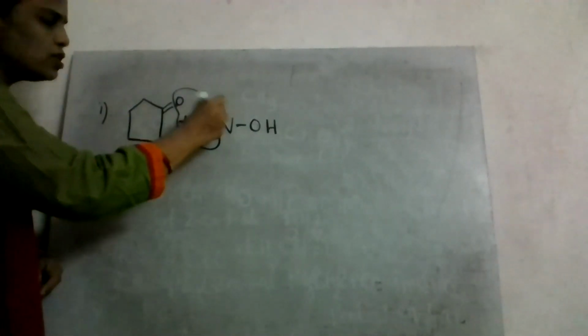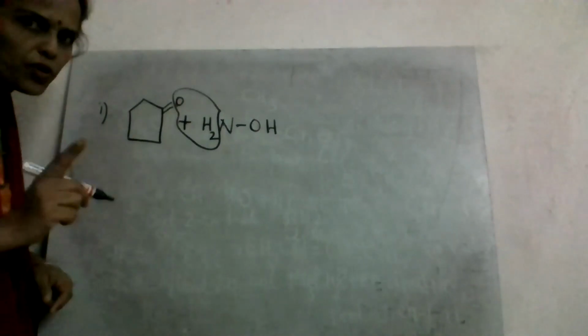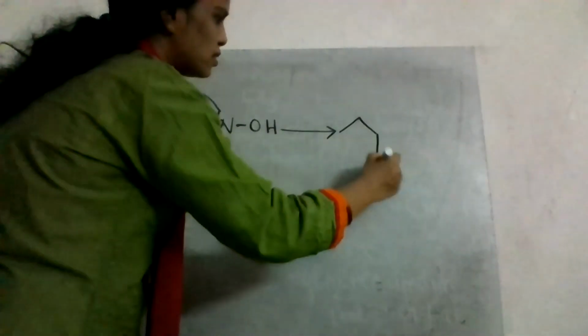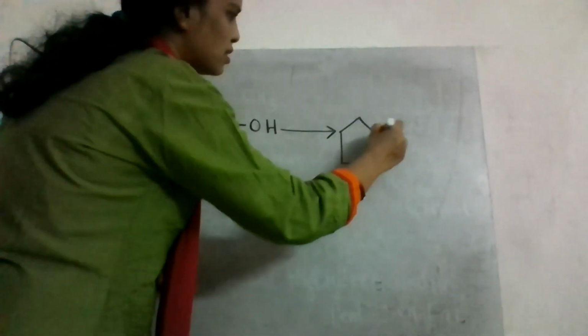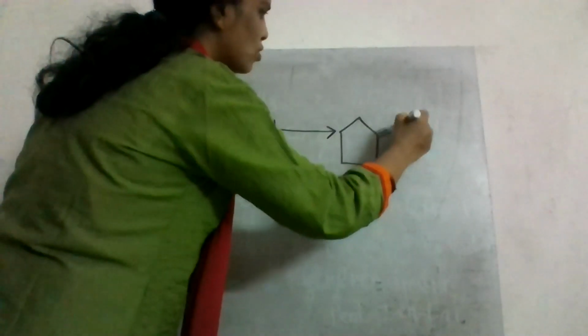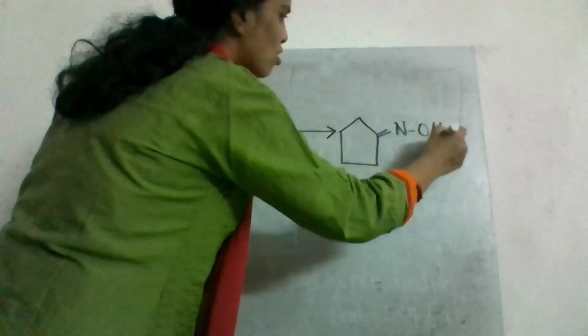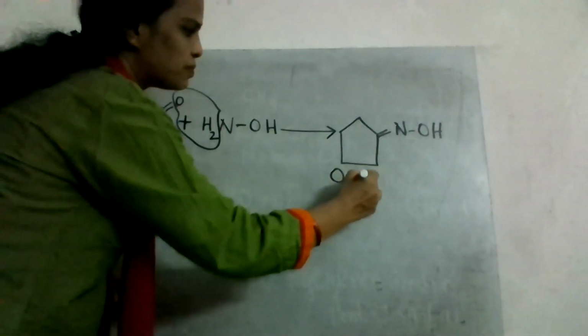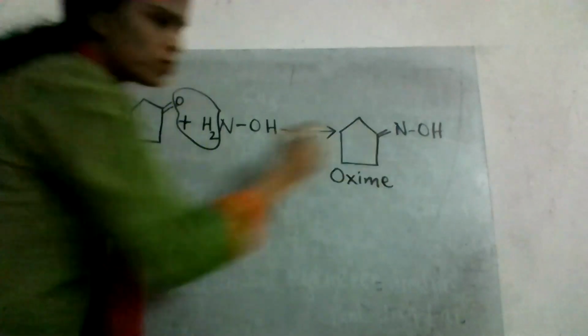I asked you to learn the table of ammonia and its derivatives and form the product. The product that is formed has a double bond attached to NOH, that is, an oxime is formed.